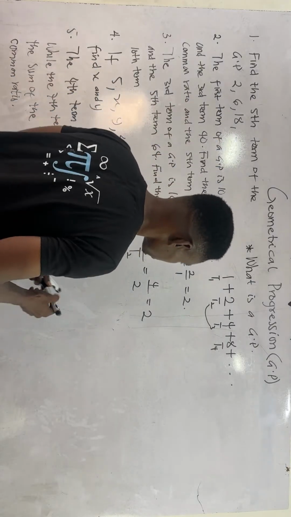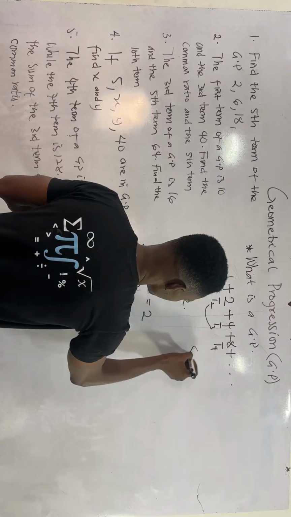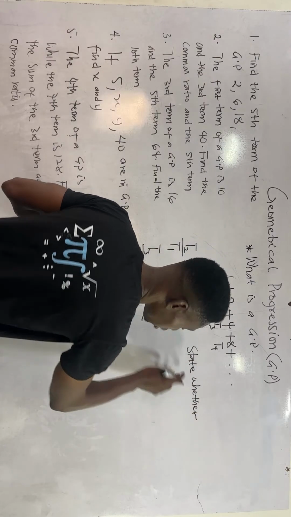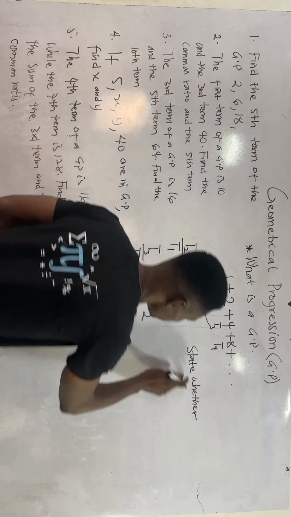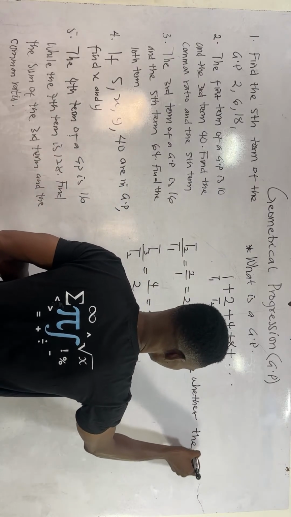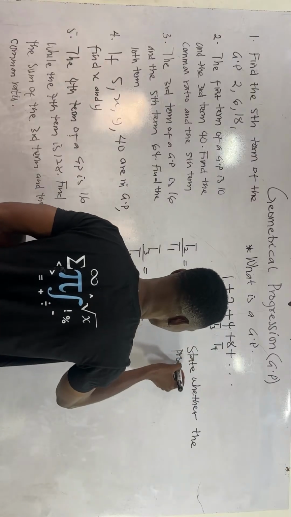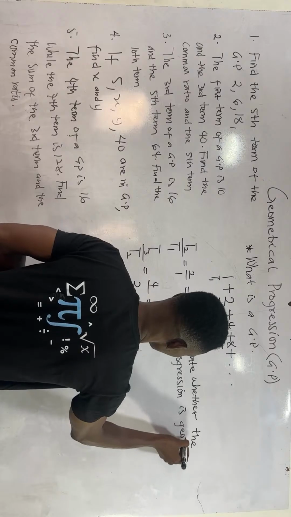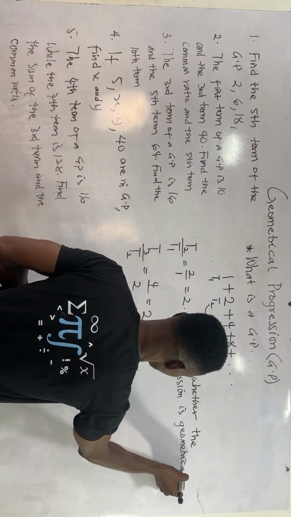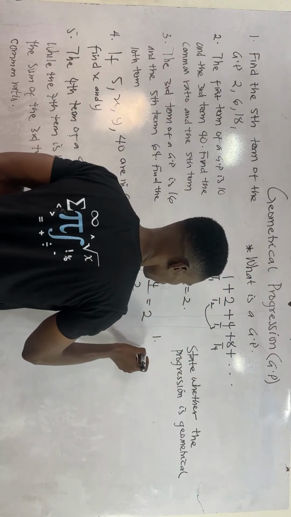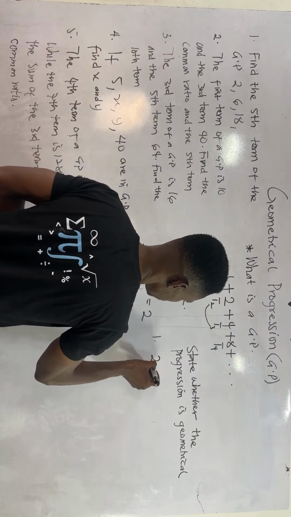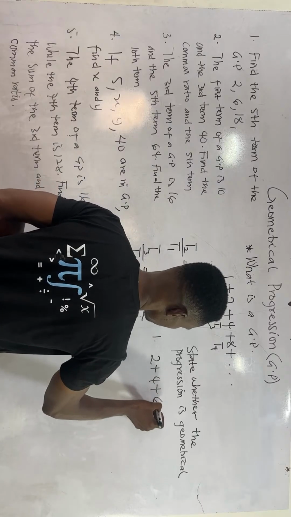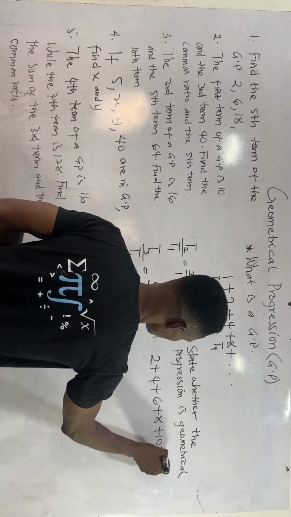So, state whether the progression is geometrical. Is the camera picking what I'm writing now? So number 1, we have 2 plus 4 plus 6 plus 8 plus 10 plus.